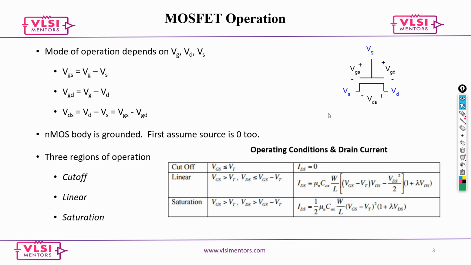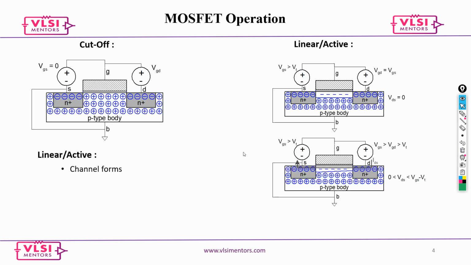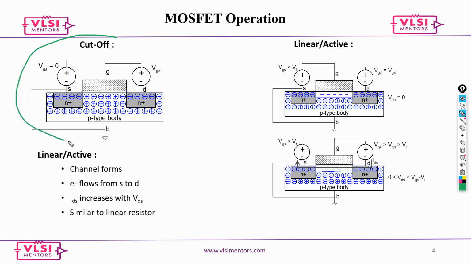Now let's get in depth into what is going to happen in each of these. See, this is your cutoff. What is the meaning of cutoff? Since it is a p-type body, the channel is completely filled with holes.